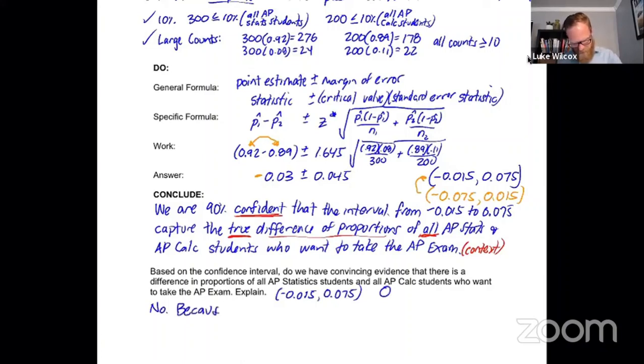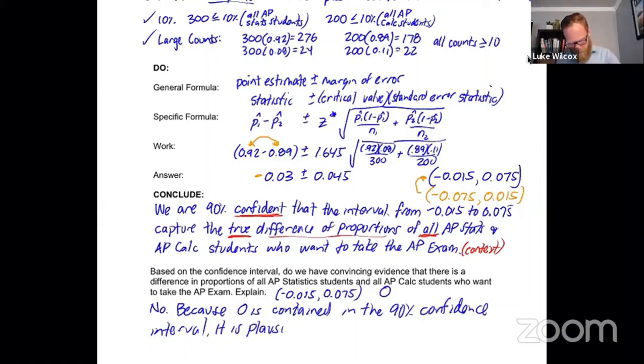Because 0 is contained in the 90% confidence interval, it's plausible that there's no difference, right? It is plausible there is no difference in those proportions.